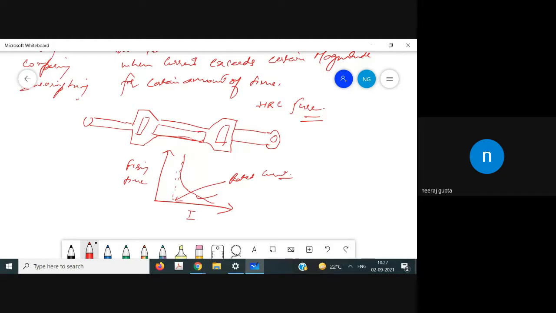So this waveform is the short circuit current interrupted by the fuse.